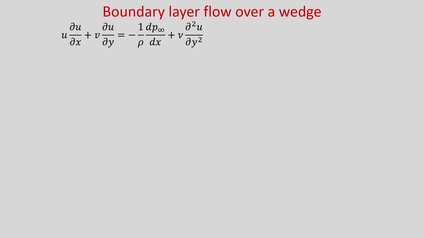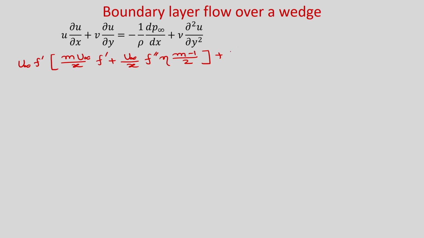Okay, so now let us consider the boundary layer equation and put all the values of velocity, velocity gradient and the pressure gradient. So, u we have written as u infinity f prime, del u by del x is m u infinity by x f prime plus u infinity by x f double prime eta m minus 1 by 2, plus.